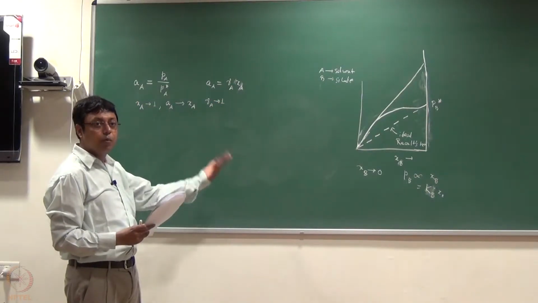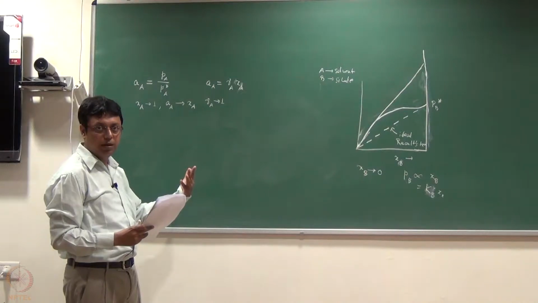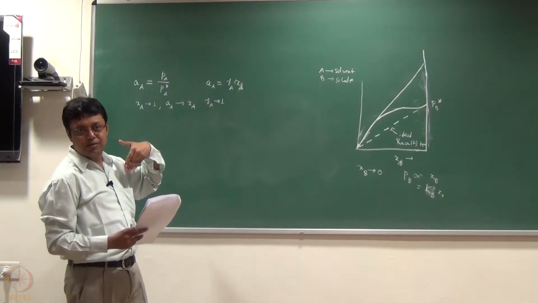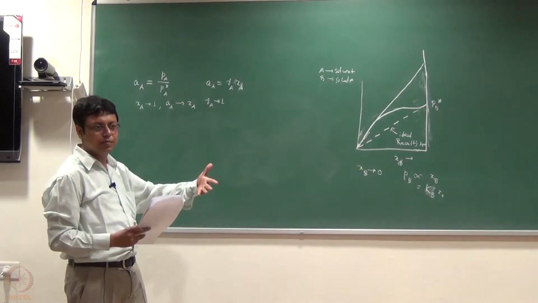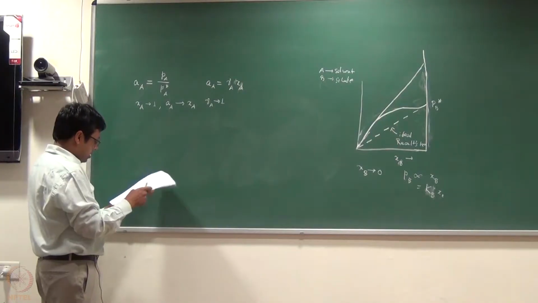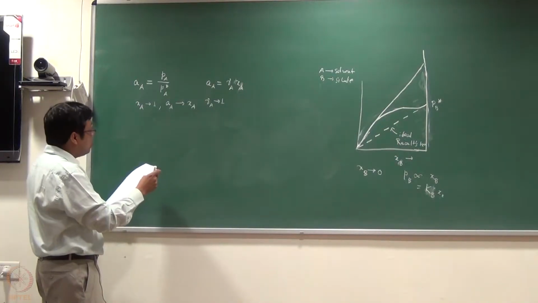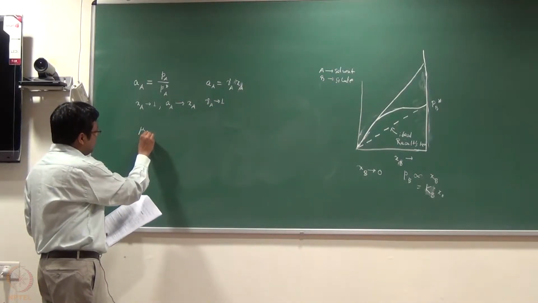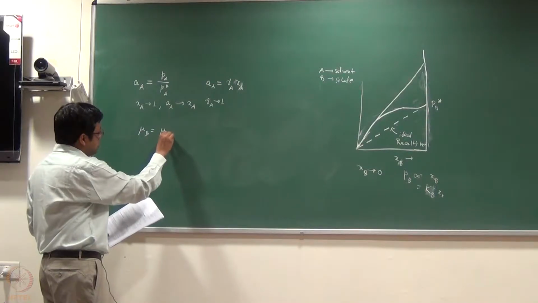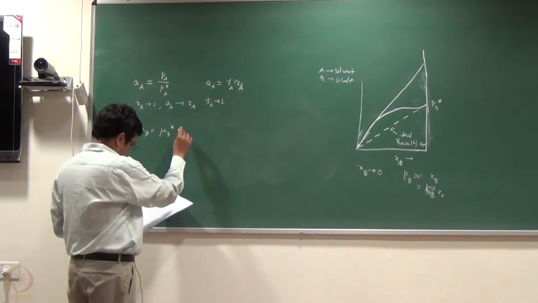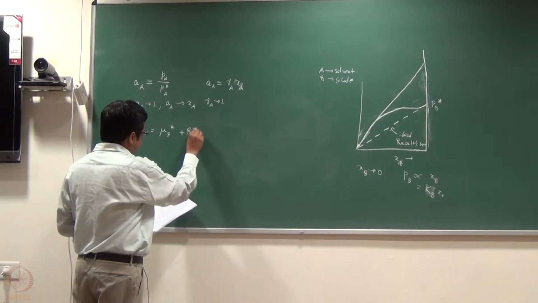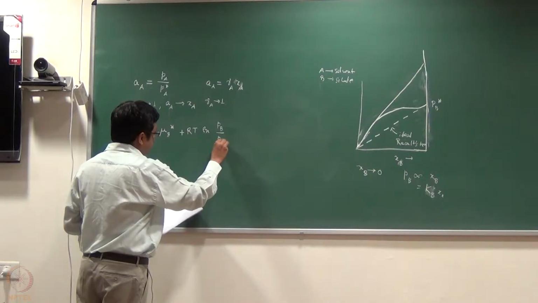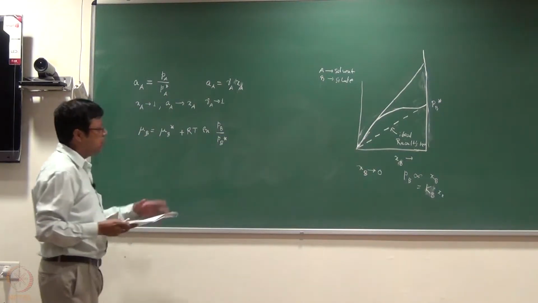Now I'll have basically the opposite situation if I write it for B. Again, don't get confused. The same thing can be valid for A if A is in the other limit. A and B are just arbitrary. So if I use a similar notation for B, I can write the chemical potential as mu B star plus RT ln PB by PB star, and this is exact.